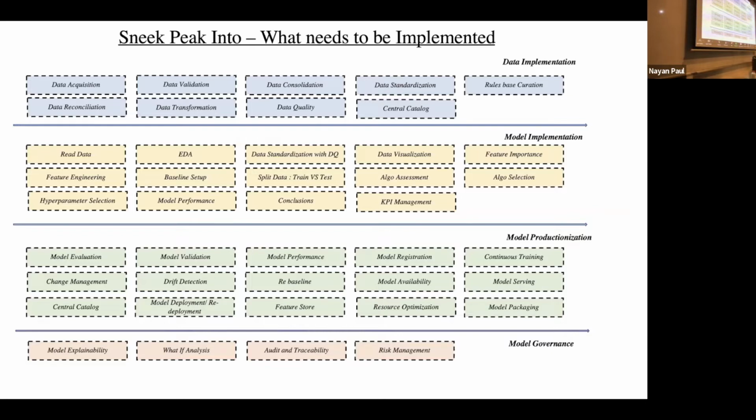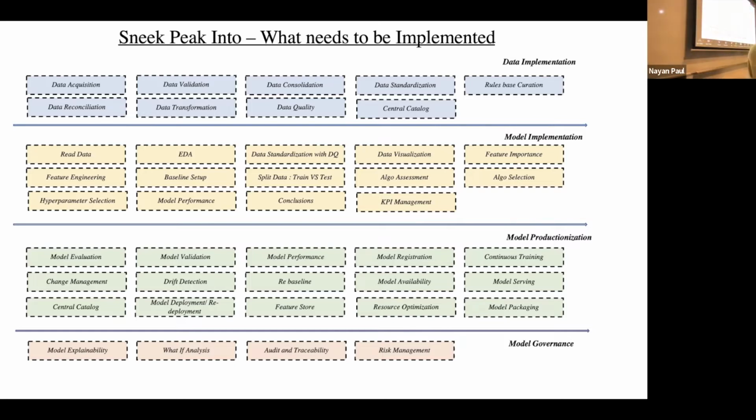Some things around model governance would be, how do I explain the model outcome? Somebody says, my model says I'm not going to give you a loan. The question is, why not? Mostly in financial organizations, you'll be asked questions like, why was I not given the loan? Why is the machine learning predicting what it is predicting? Can you explain the reason? So you need to talk about model explainability.